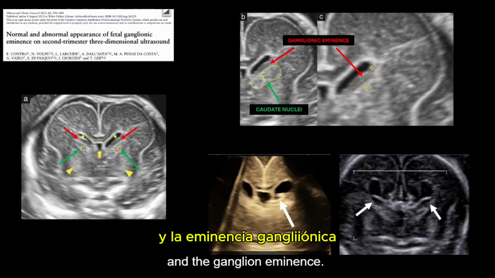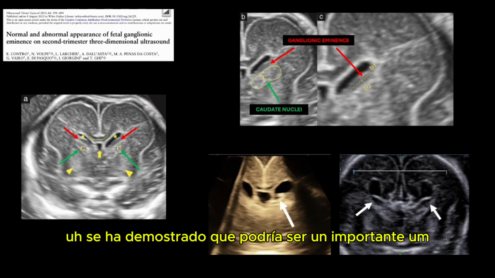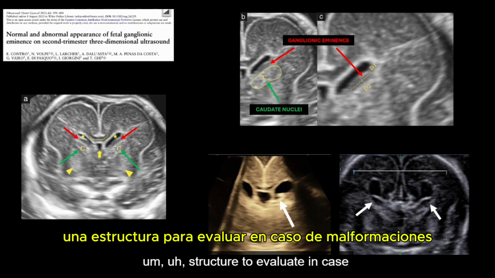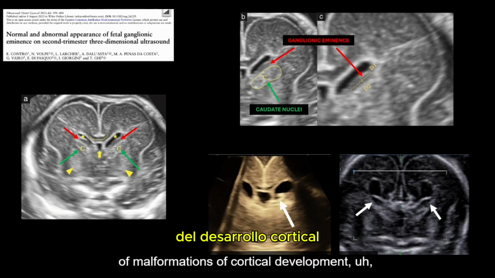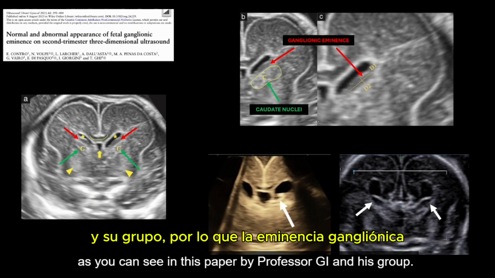And the ganglionic eminence has been shown to be an important structure to evaluate in case of malformations of cortical development, as you can see in this paper by Professor Guy and his group.